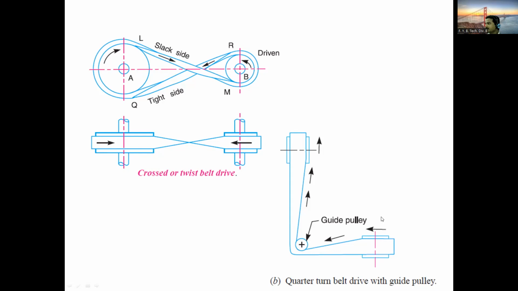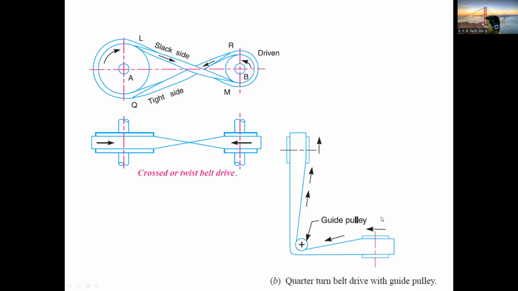Yes, now sir, you see the cross belt arrangement. What is your observation? Belts are crossed. Okay, that is why it is named cross. Yes, both the pulleys have opposite direction of rotation.